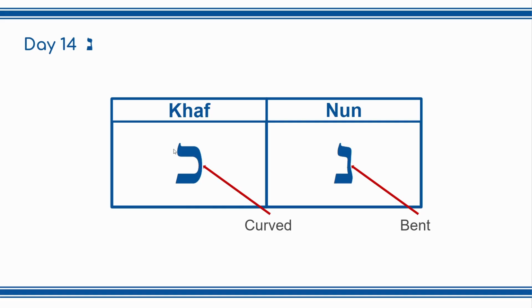So this is wider over here, but Nun is shorter over here. So that's the other thing you can use to remember the difference between Chaf and Nun. Okay, so this part is curved, this part is bent, and also this top part is wider, and this is shorter. Okay?